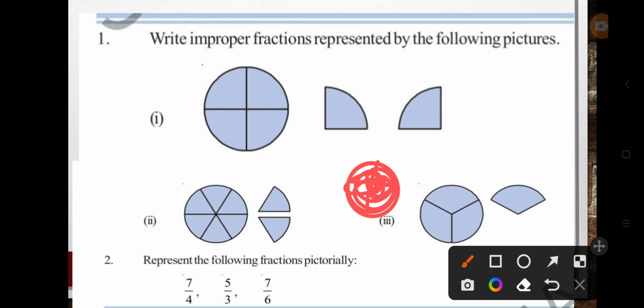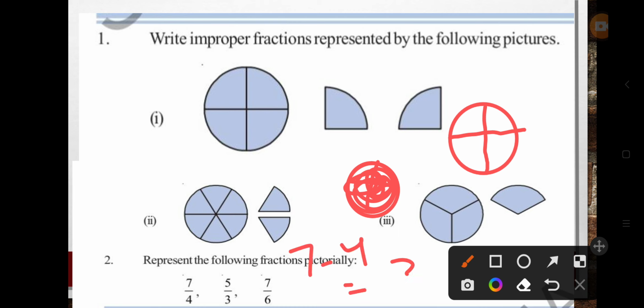Then we take one more circle and make this also into 4 equal parts. So 4 is done; how many will be left? 7 minus 4, subtract. 3 is left, so we have to shade only 3. So now the fraction represented is 7 by 4.